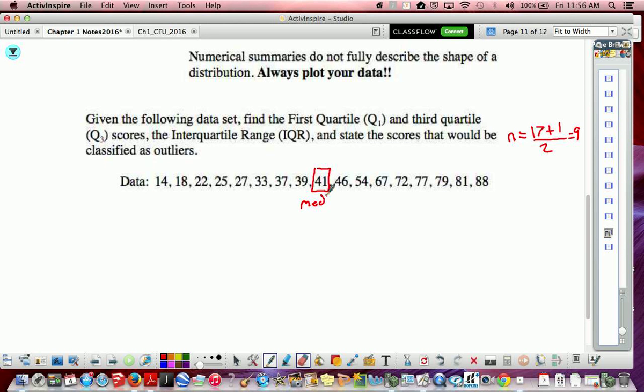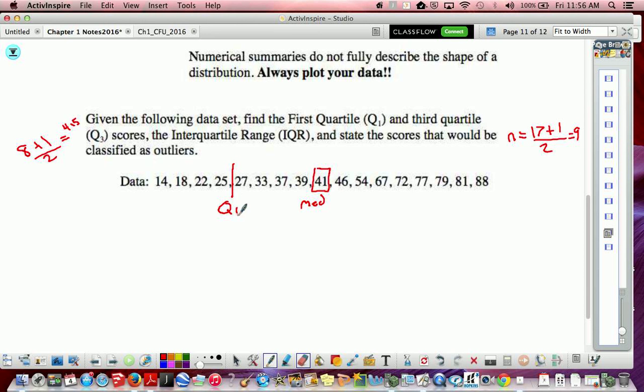So now to find Q1, it's the median of these 8 data points. Q3 is the median of these 8 data points. So 8 plus 1 is 9, divided by 2 is 4.5. So I'm looking for the average between the 4th and 5th data point. 1, 2, 3, 4.